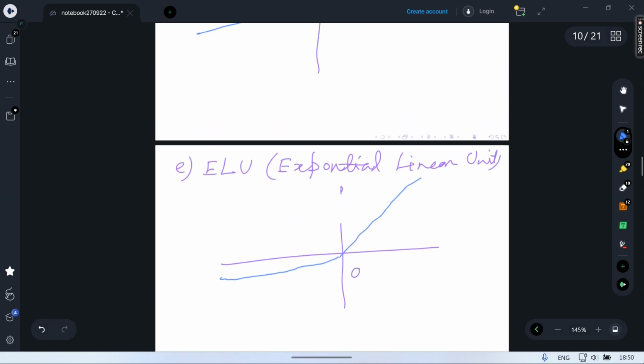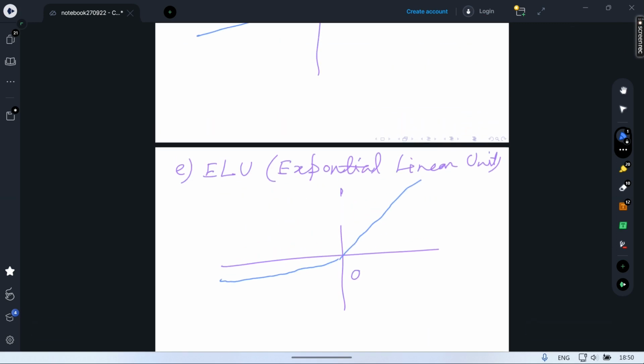As you already know, the selection of the activation function plays a very important role in the vanishing gradient problem.